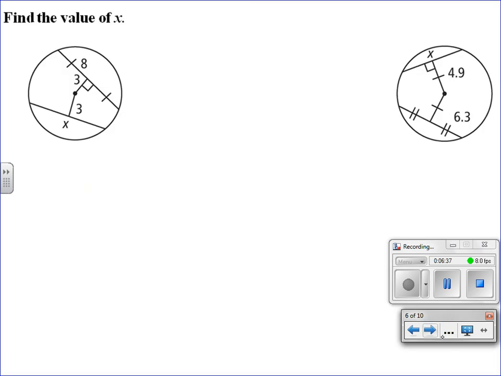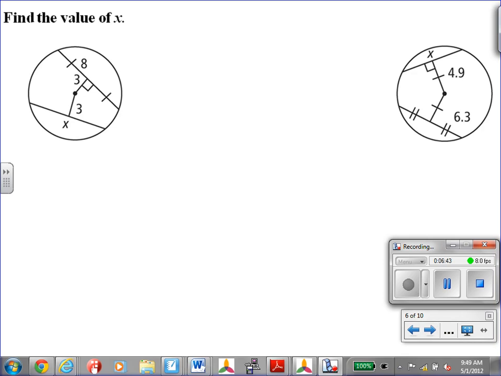Okay, next, we need to find the value of x for the given information. What's x? X equals 8 because of our rule that says that if it's equidistant from the center, then the chords have to be congruent, right? What about over here? 12.6.